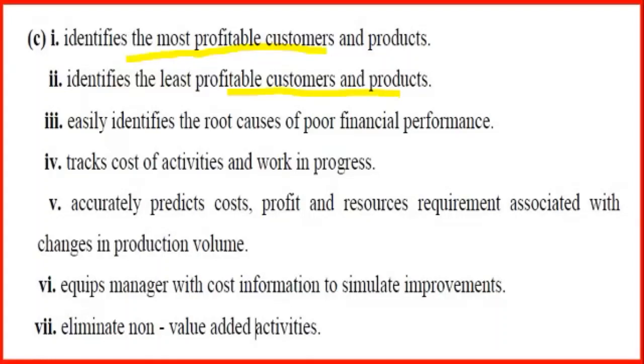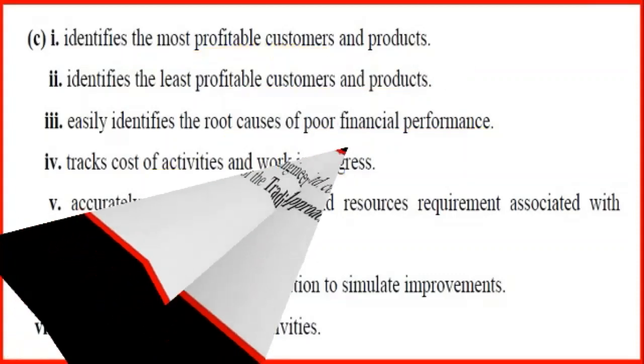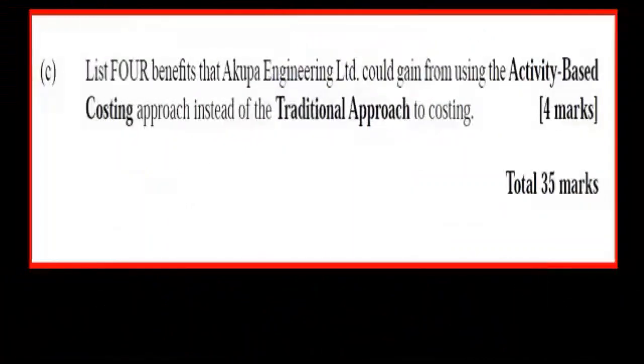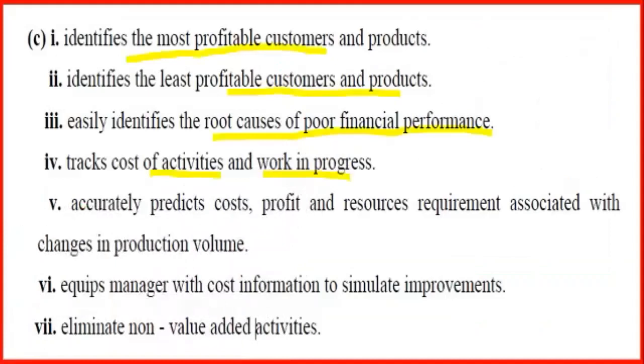It easily identifies the root causes of poor financial performance, tracks cost of activities and work in progress. How much do they ask for? 4 benefits, right? So any one of those 4 would have given you a mark each.